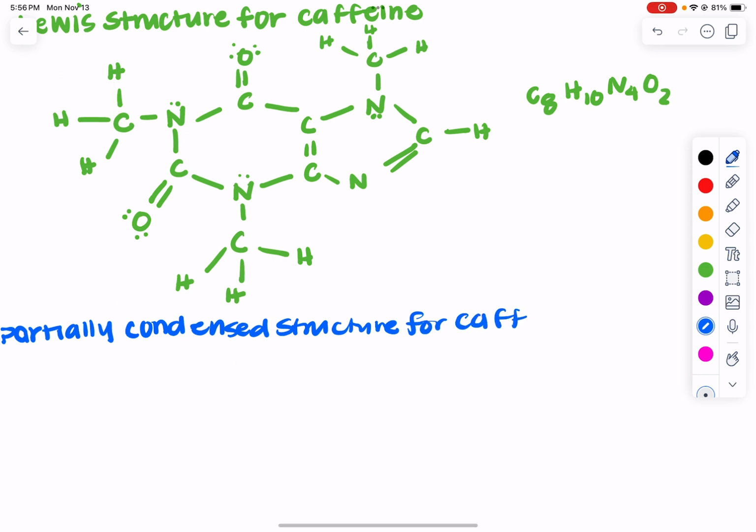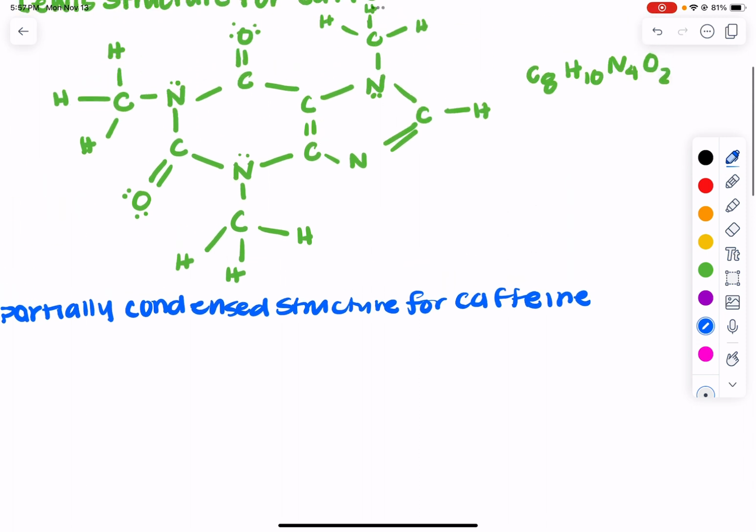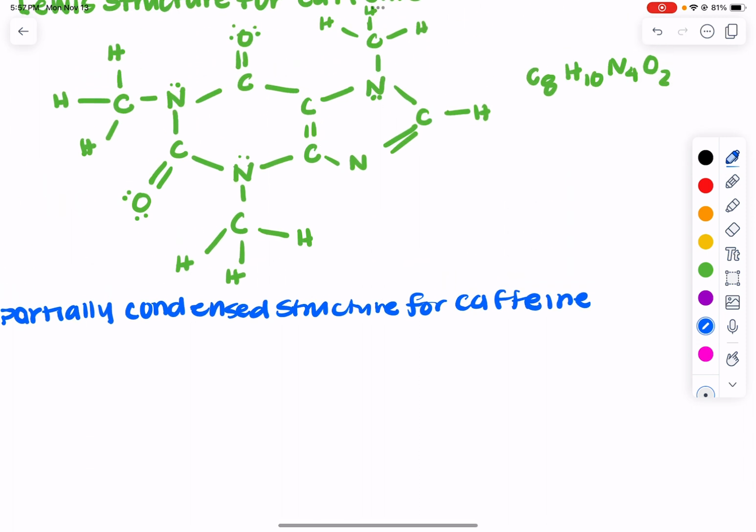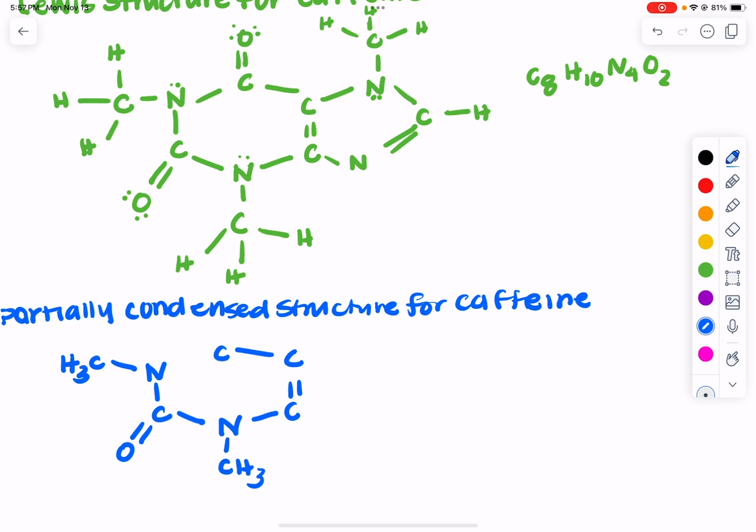As we're looking at this, we can just take away the lone pairs, take away the bonds to the hydrogens, and make sure that we're bonding to the atom and not the hydrogens.